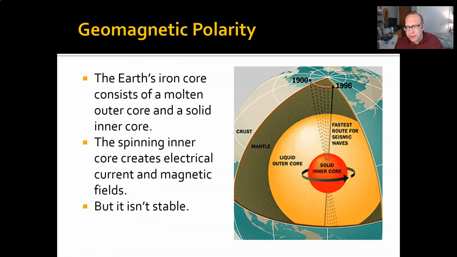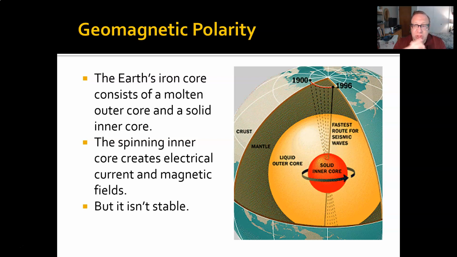The reason this works is because the Earth's magnetic field is caused by a solid iron core at the center of the Earth. It is spinning rapidly, and as it spins, it generates an electromagnetic field.